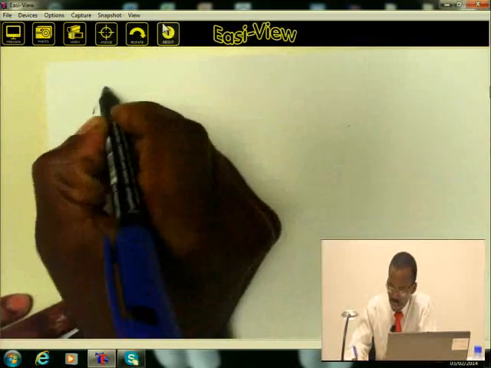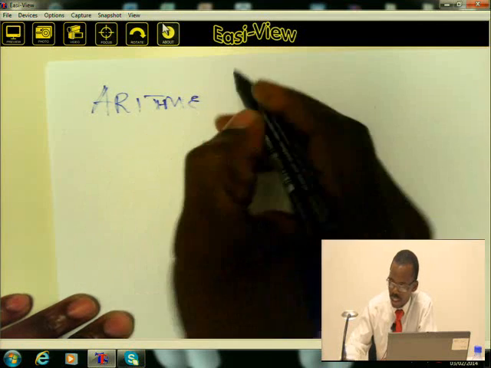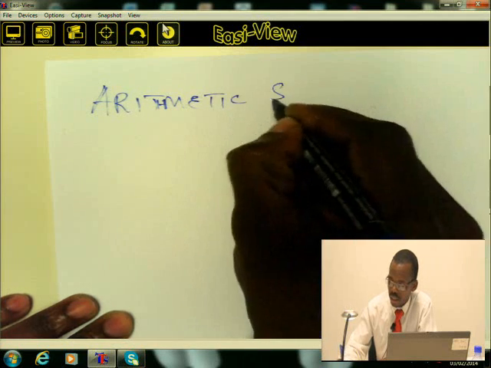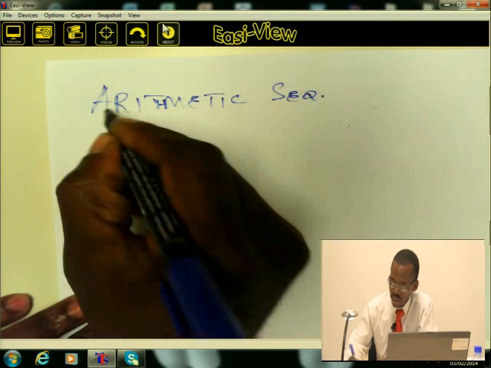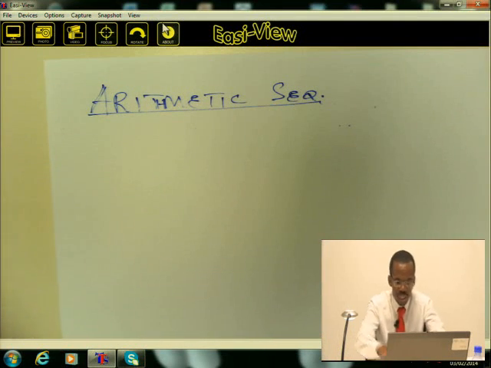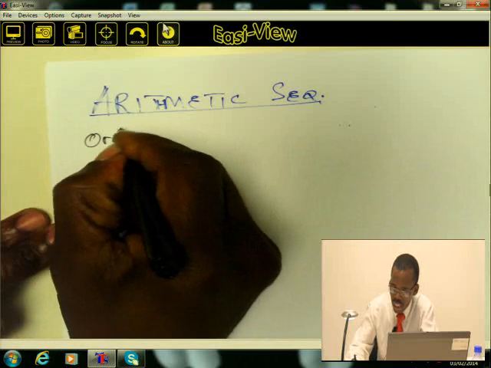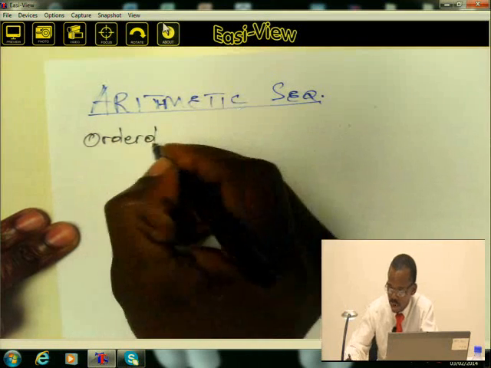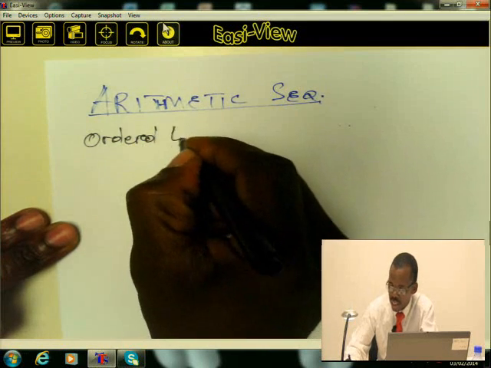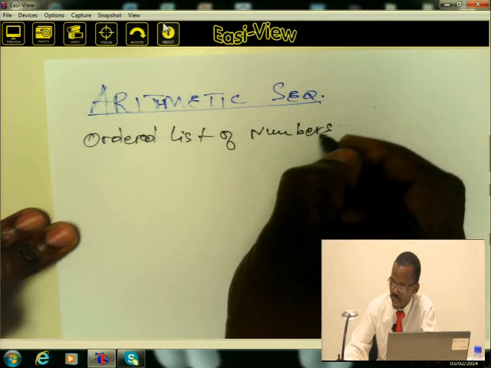We are going to start with arithmetic sequence. We just now said a sequence is nothing else but an ordered list of numbers.